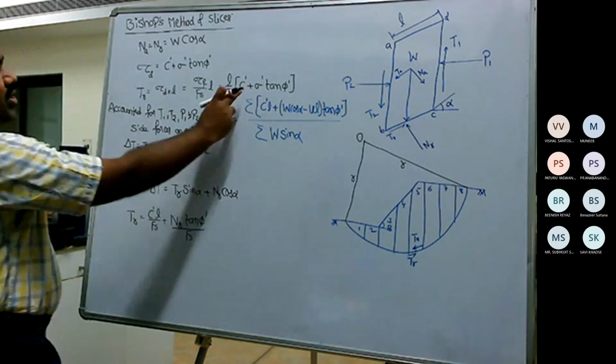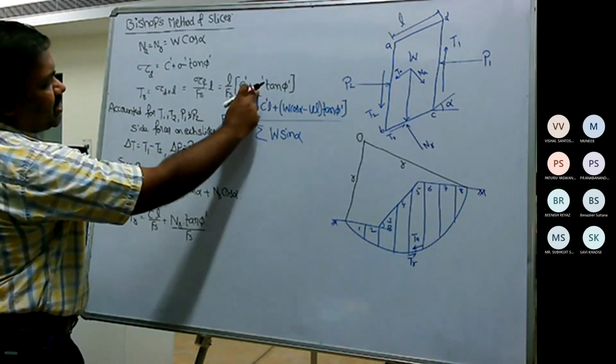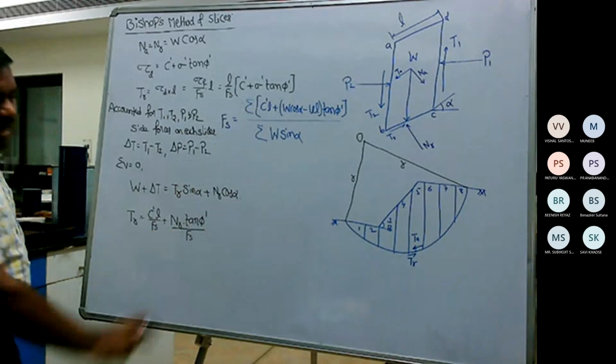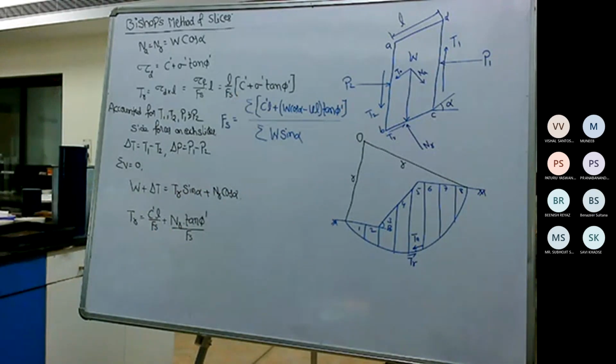So for TR, the same equation, instead of sigma, I have written in the form of NR.